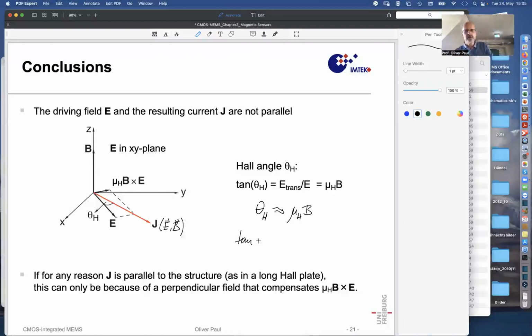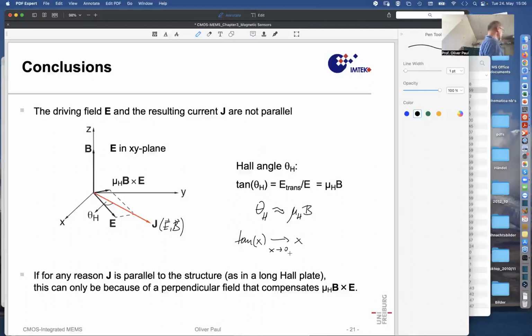Tangent of X goes to X for X going to small. So this is interesting. We would like the current to flow in a direction, and the B field makes it flow in another direction. But it's not only interesting, it's very useful.